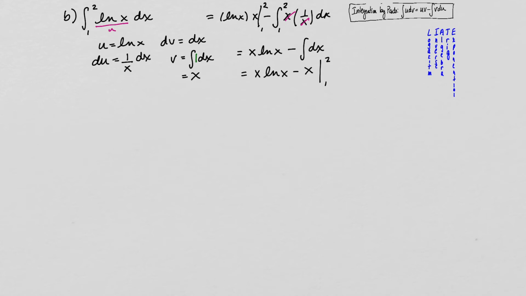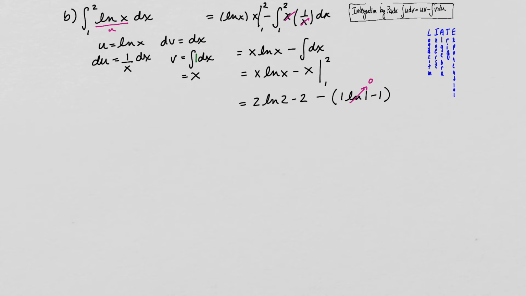And now all I have to do is plug in. So we end up with 2 natural log of 2 minus 2 minus 1 natural log of 1 minus 1. Anybody remember what the natural log of 1 is? Yeah, 0. So the natural log of 1 goes to 0. The natural log of 2 is just natural log of 2.